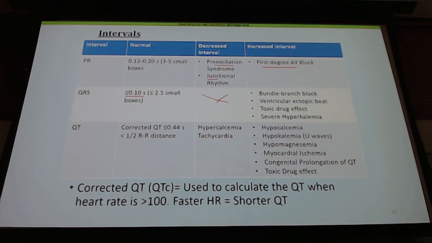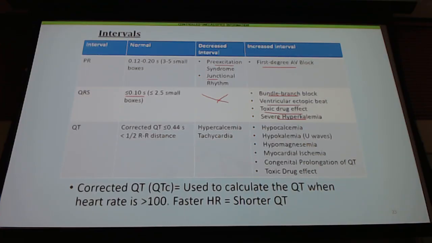If you see that widened QRS, then you should be thinking of bundle branch blocks. Maybe it's a ventricular ectopic beat, maybe it's toxic drug effect, or maybe you have hyperkalemia. So there are different pathologies that can affect the duration of the QRS.